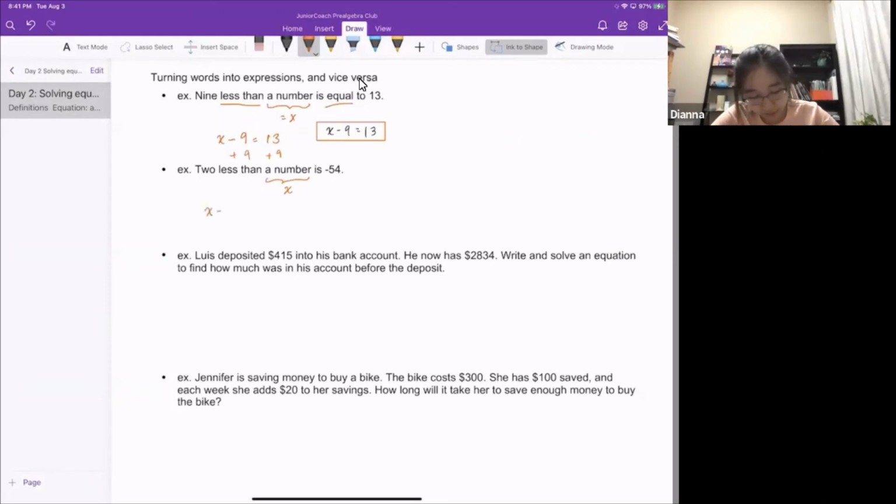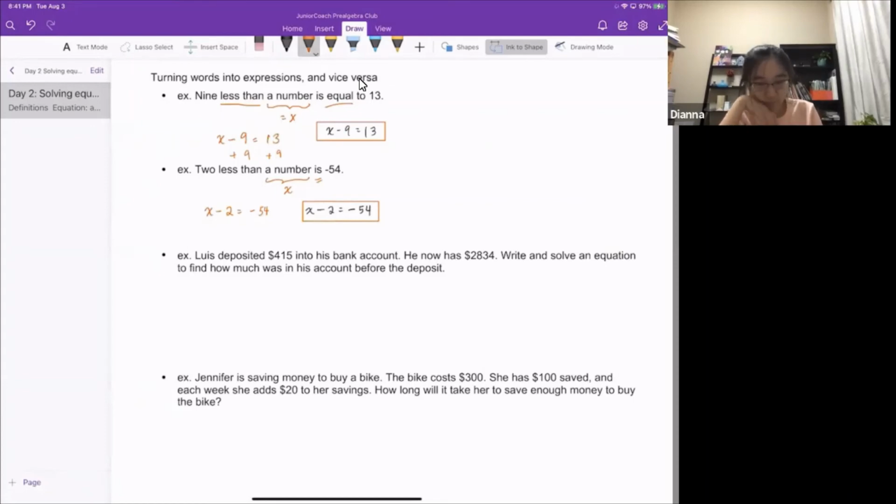So x minus 2 equals, so is the equal sign, negative 54. And I could go ahead and solve that equation. I'm not going to, just because. X minus 2 equals negative 54.